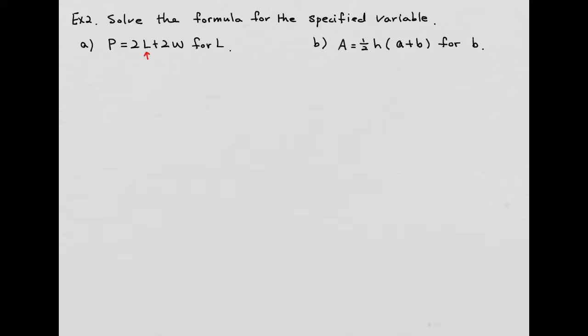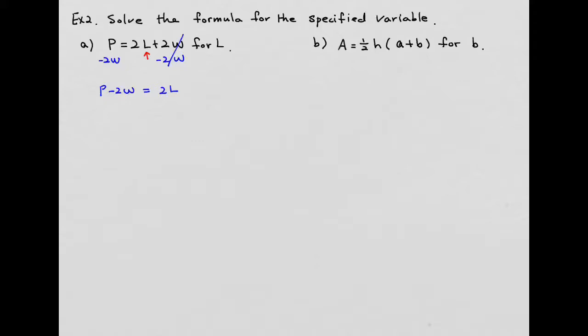And we know that when we're moving or trying to isolate, we get rid of addition and subtraction first before multiplication and division. So it looks like you're going to subtract 2W first. So now you get rid of addition. It means you have P minus 2W on the other side. You have 2L.